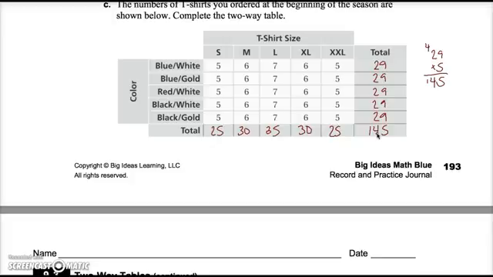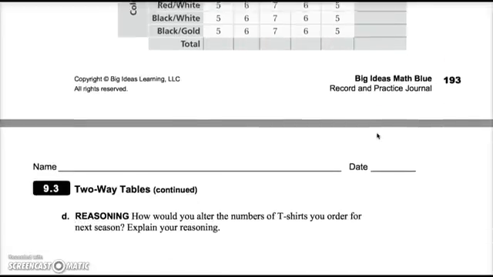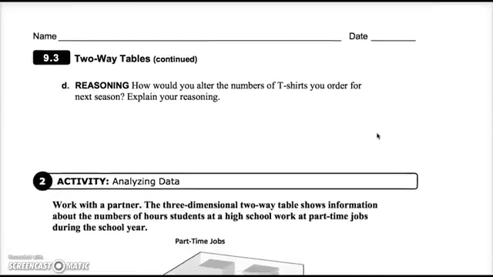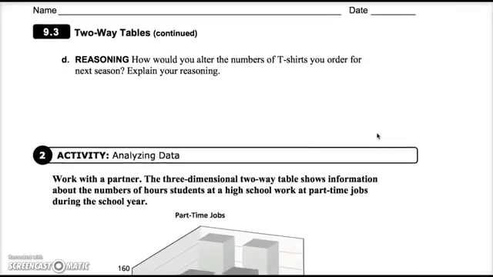Now, moving over to the next page, we'll answer some questions about this. Okay, D says, how would you alter the number of t-shirts you order for next season? If you compare how many you ordered to how many you have left, and do that for each size, that's going to tell you pretty well what you need to order more of next year, and what you need to order less of next year as well.